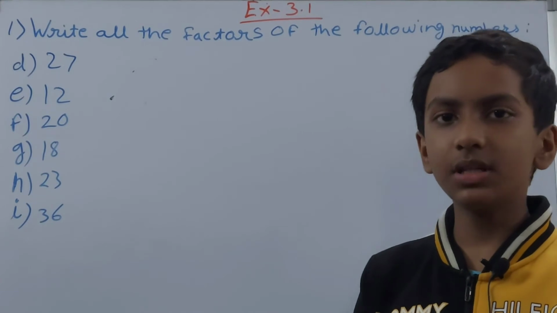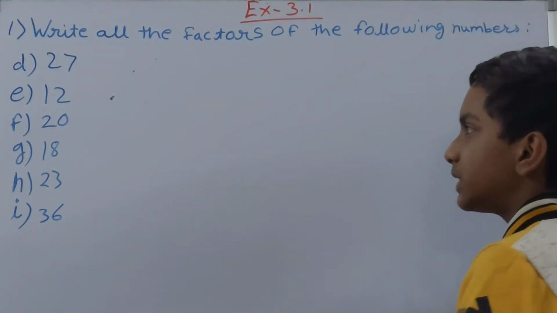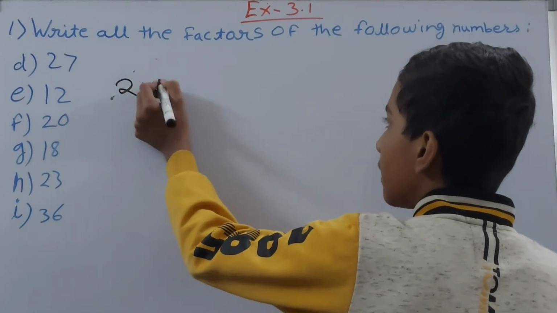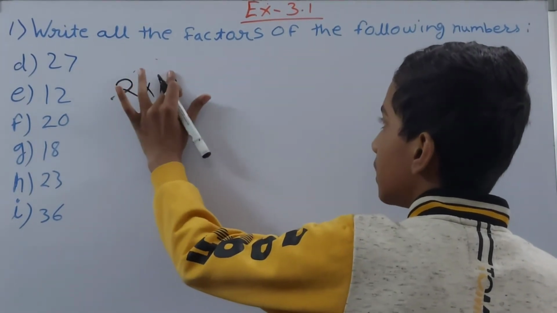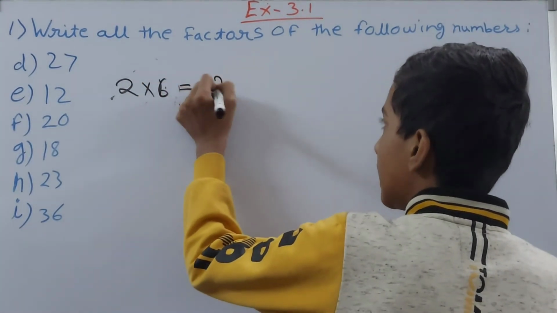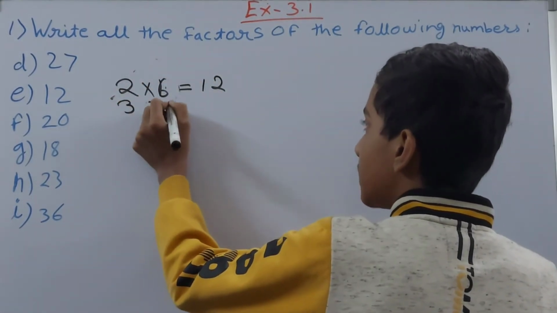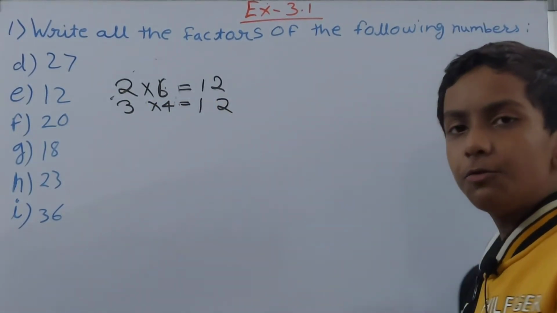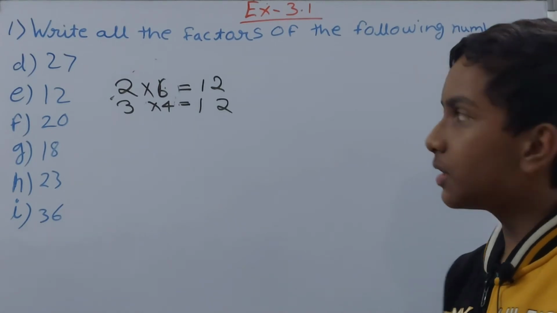Next number we have is 12. So we will start from 2. You can see 2 is at ones place, so it will be divisible and it will be a factor of 12. So here we will write 2 into 6, that is 12. Then 3 again, 3 4s are what? It is 12. Then 4 3s are 12, but 4 is already taken over here.